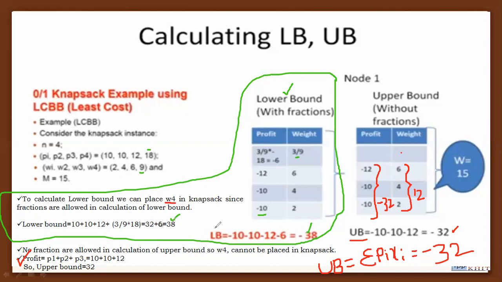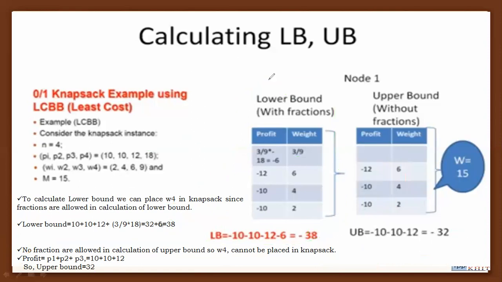So how to calculate the lower bound? Sum of Pi xi equals minus 38: P1 x1 plus P2 x2 plus P3 x3 plus P4 x4 also. Here P4 is a fractional value. So friends, if you observe clearly, the lower bound value is minus 38 and the upper bound value is minus 32.